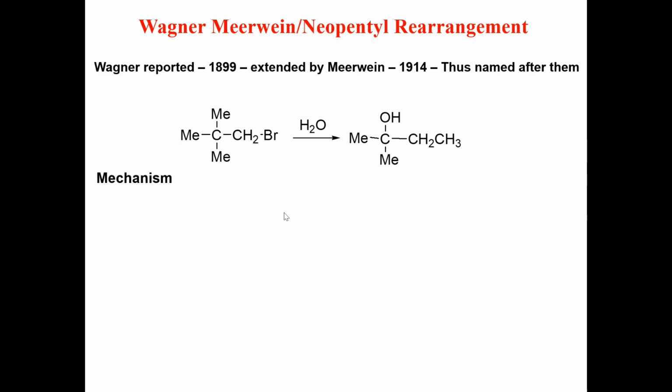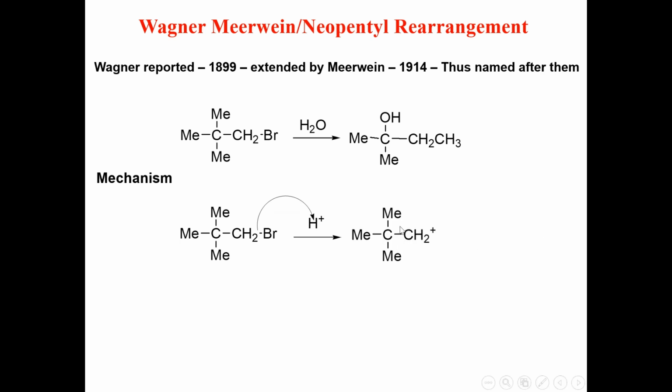If we look into the mechanism, I take the alkyl bromide. It reacts with H+, Br- moves away and combines with H+ and is lost as HBr, creating a carbocation.